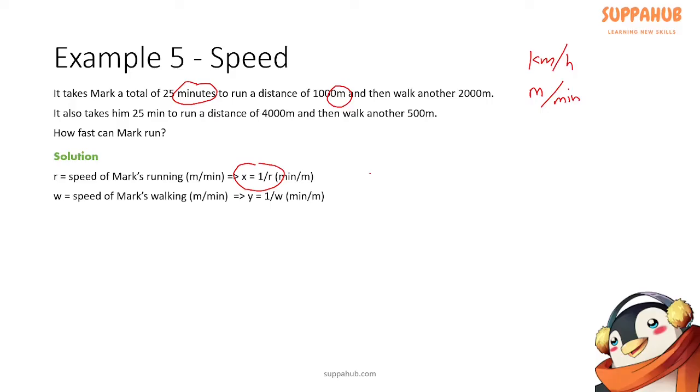W is the speed of Mark's walking, and Y denotes 1 over W, which is the inverse. Because 1 divided by W has units of minutes divided by meters, so the meters go on top and it becomes meters per minute.